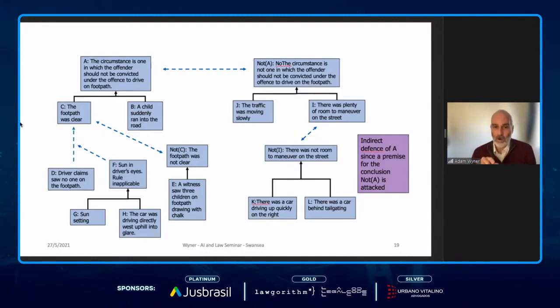Because K, there was a car driving up quickly on the right side, so they couldn't swerve over to the right side of the street. And furthermore, there was a car tailgating behind the driver, so they were forced to continue straight ahead. Rather than going to the right and swerving across the street, or suddenly stopping and having somebody crash into them from behind, they thought that they would swerve onto the footpath. So you see there's this whole construction of arguments and counter arguments that you can draw.